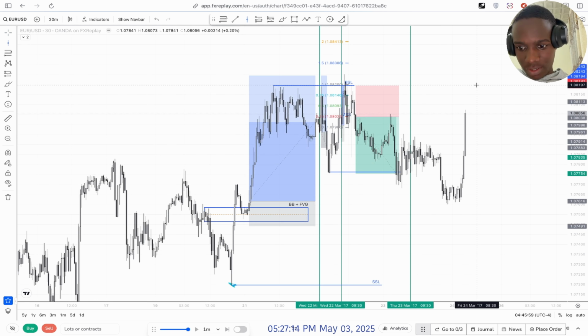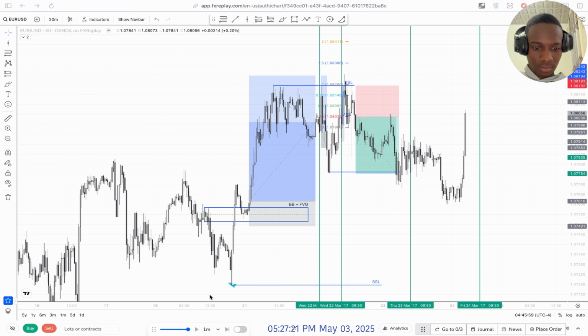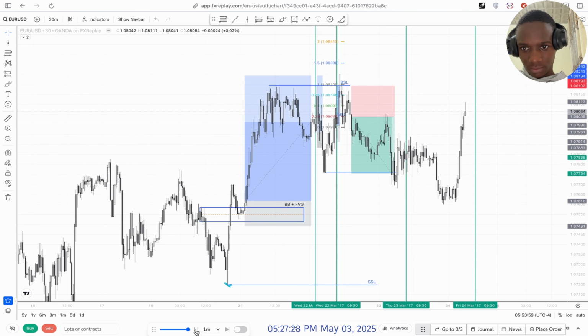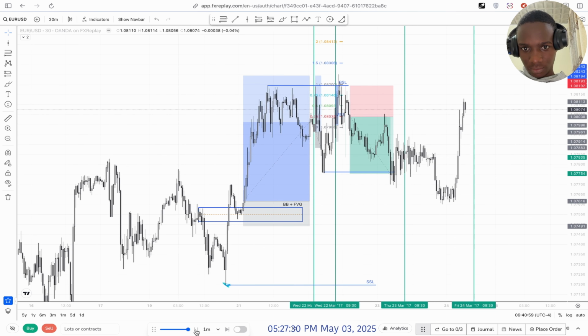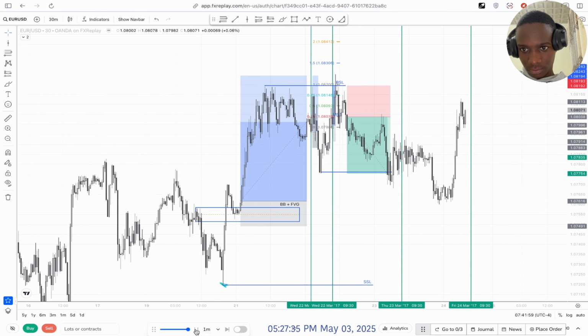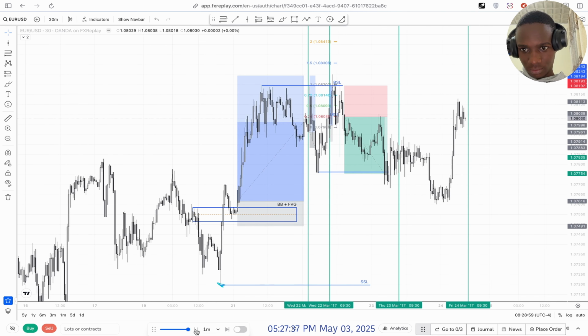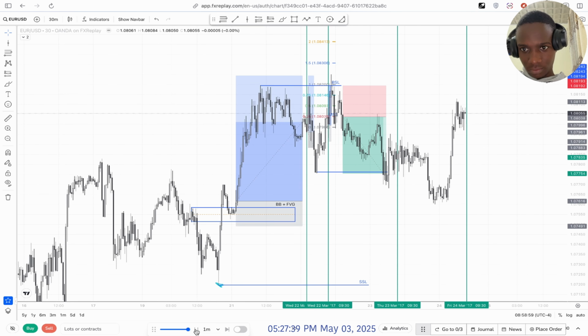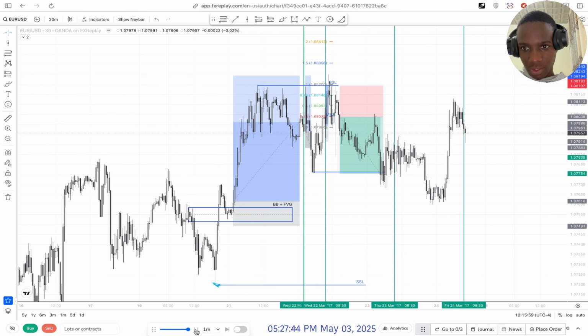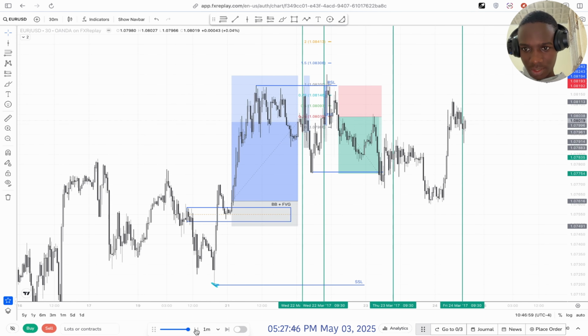Can mark out liquidity the New York open. So you can see the open of New York, we dropped a bit.